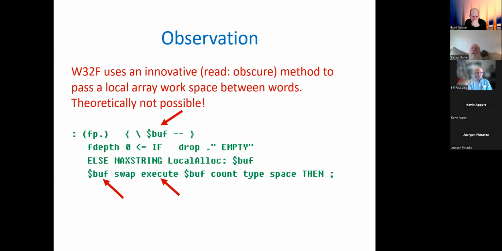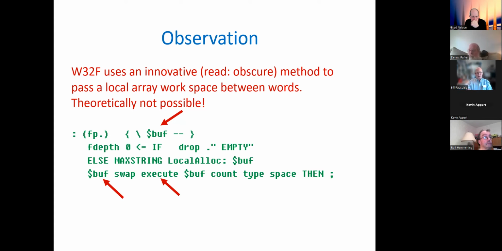So here's an example of this obscure operation. The (FP.) word has a temporary buffer called $buff. It is assigned in the middle to a local array. Max string, I believe, is 15 digits. Actually, max string is 255 characters.